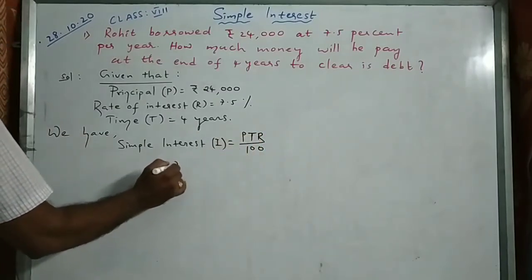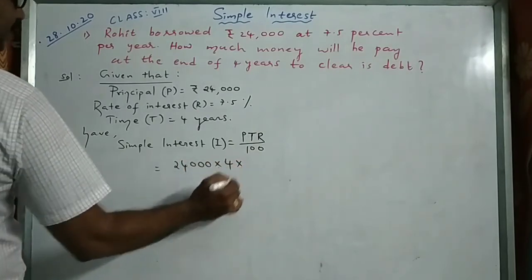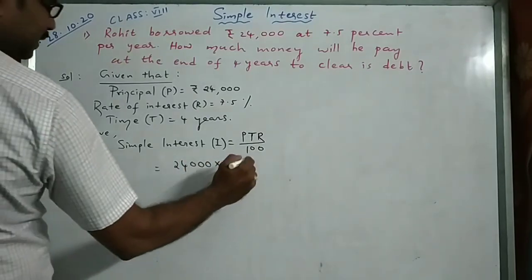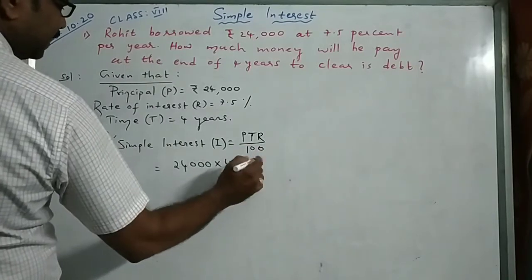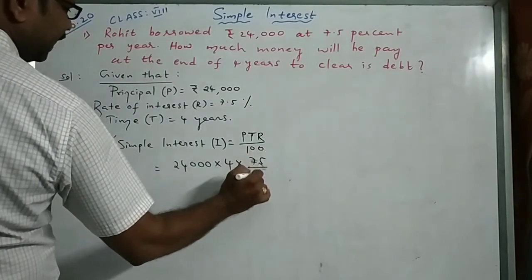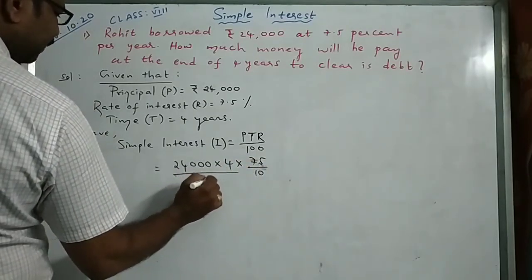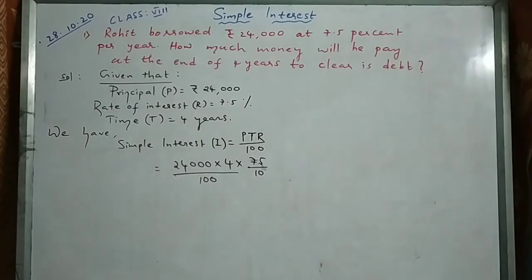So P value 24,000, time 4 years, our rate of interest 7.5. Can I write 7.5 as 75 by 10 by 100? Okay.